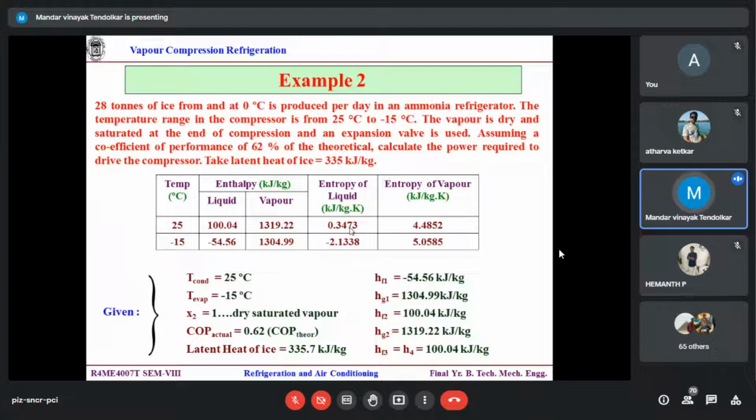How can entropy be negative? Sir, it's a system property, so it can be negative. Like temperature, pressure, volume, entropy is also a property.